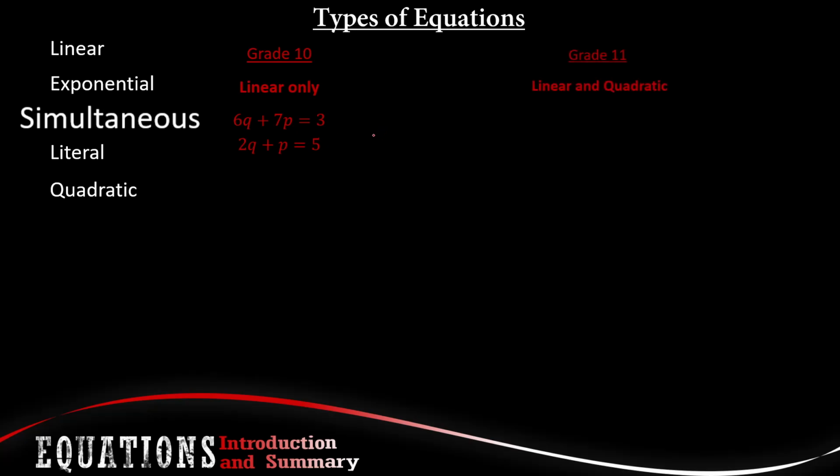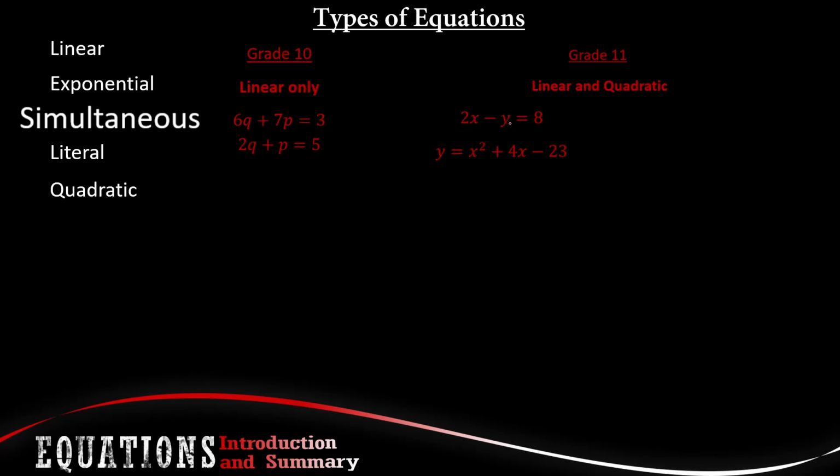But then in grade 11 you get a linear and a quadratic equation together, and you can actually apply it more practically in functions, where you have a straight line and a quadratic function, and you have to find the points of intersection between the two graphs.